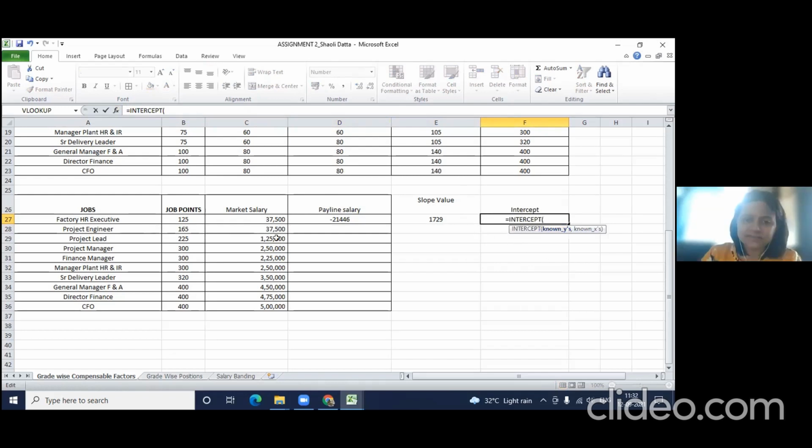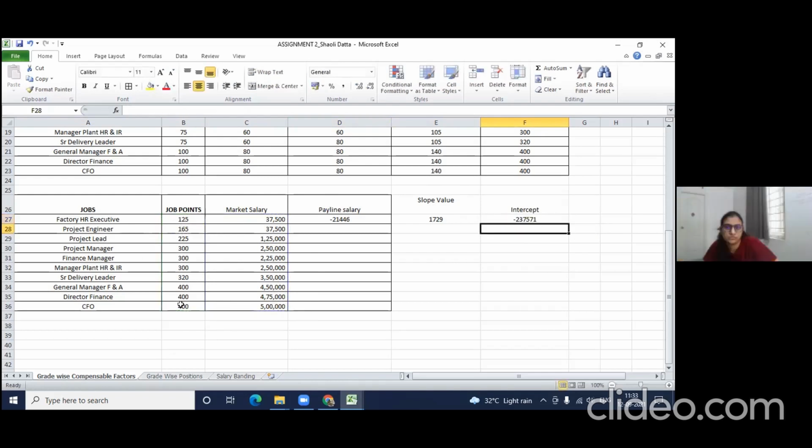Known y's, known x's. Has it given you the same value? Yes. Minus 237571.